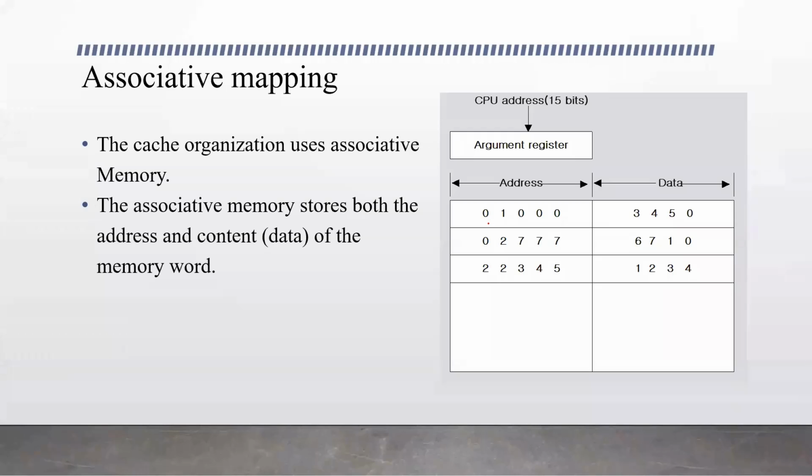Here the address is the main memory location where this particular word 3450 is stored. Each word in the cache memory consists of the address and the data.